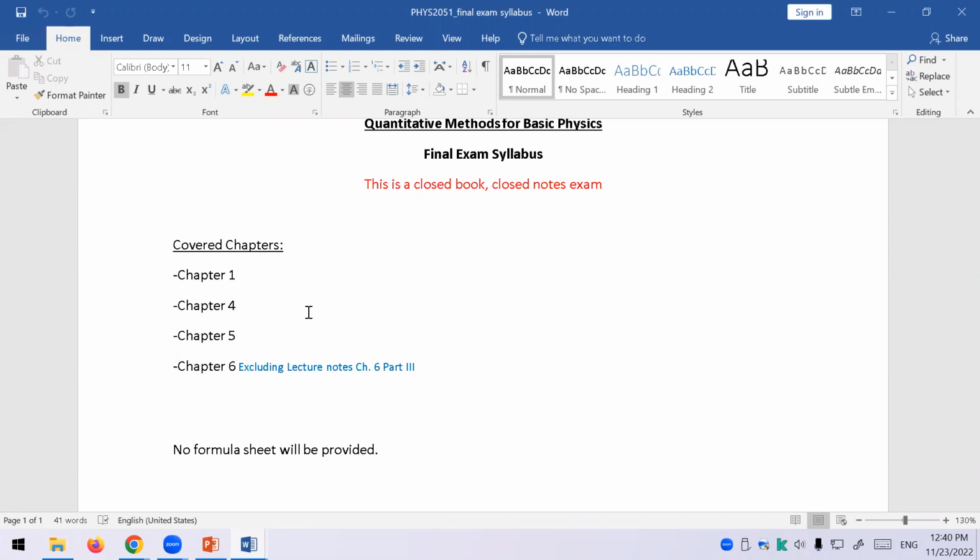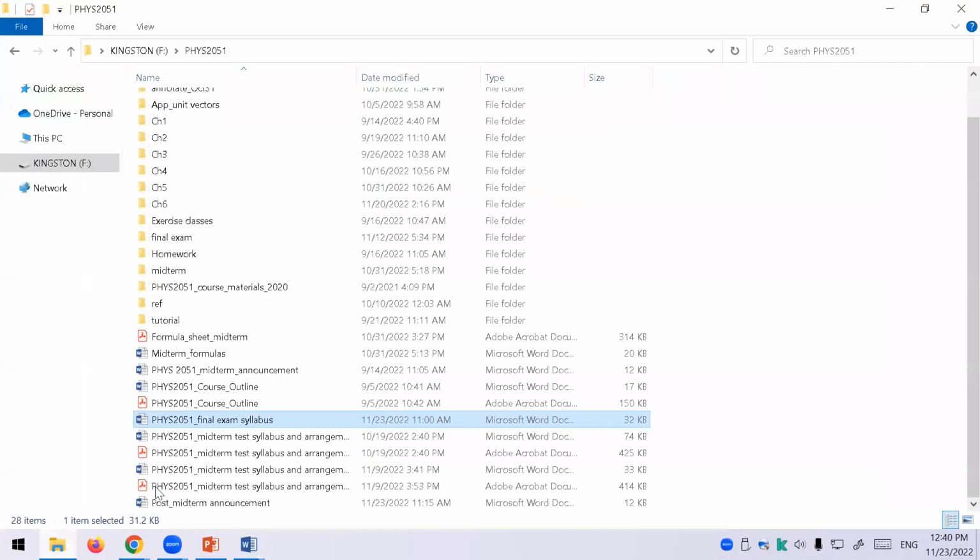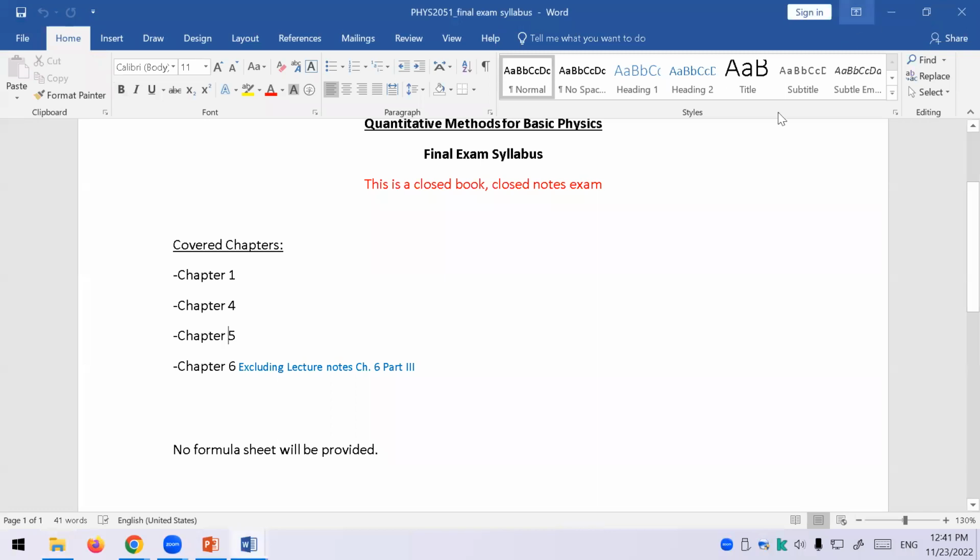So try to work hard for this. You can see that chapter 2 and 3 are not there. I would say that chapter 2 and 3 are actually the challenging part. Here we mostly focus on the parts after the midterm that are not covered in the midterm, and also chapter 1, so go back to chapter 1 to do revision also. Any question about the final exam?